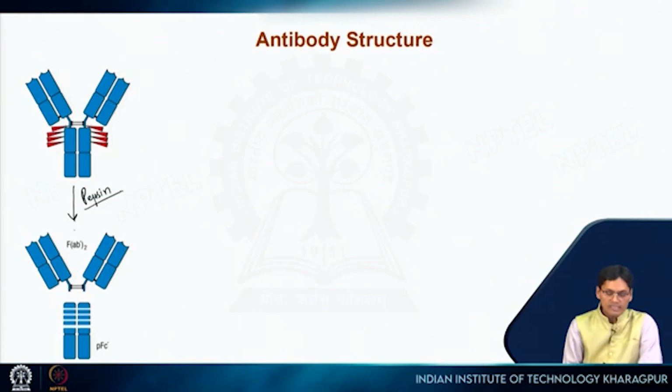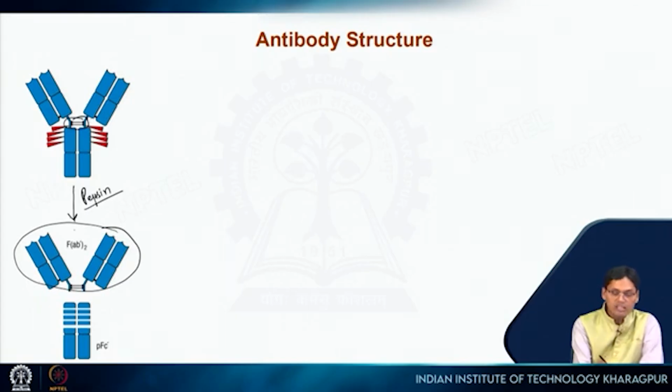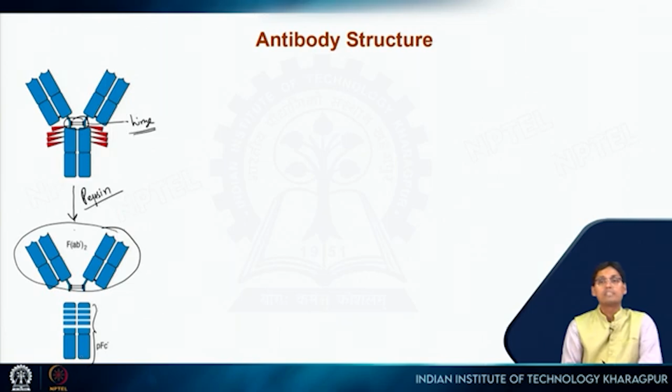This region is called the hinge region of an antibody. Just below the hinge region, you will get this segment, and small pieces from the Fc region also come out. This segment has the antigen binding capability.